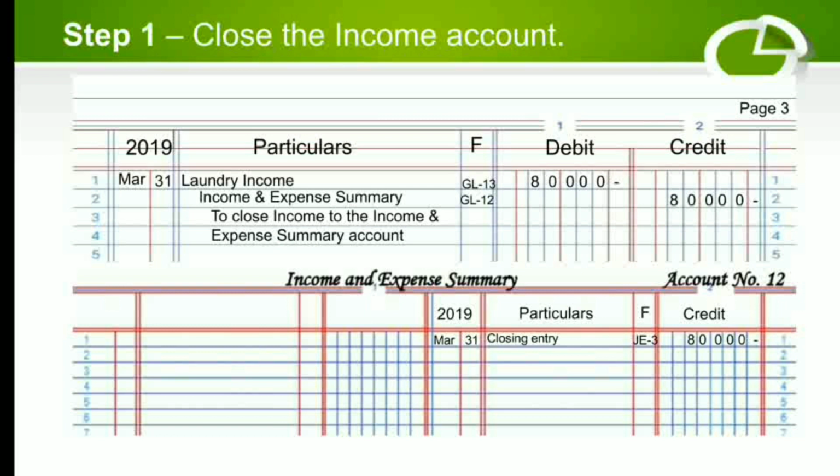Let's now move on to step number 2, and that is to close the expense accounts. We need to check the general ledgers of Davao Laundry Services in order to find out what their expenses are.